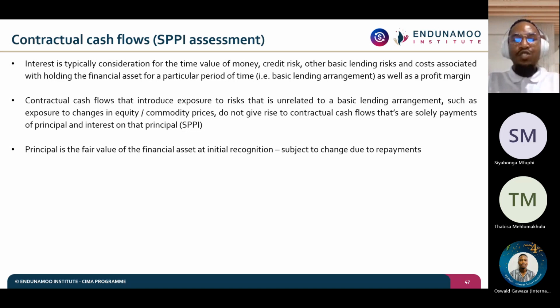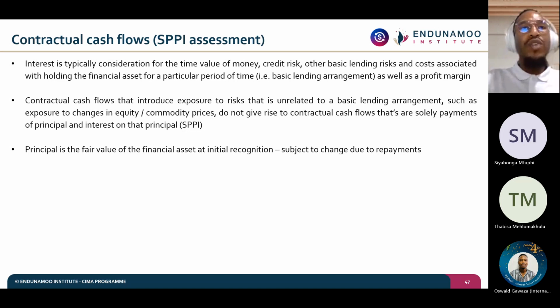The fact that it's now linked to my profits, or something other than my credit risk, means that when I make payments, be it monthly or annually, towards settling this loan, the payments will no longer be solely payments of principal and interest on the amount outstanding. No, they are payments of principal, interest on the principal amount outstanding, and another variable. So because there's another variable there, we cannot say the SPPI test is met.